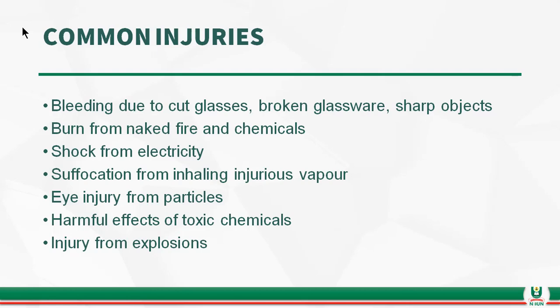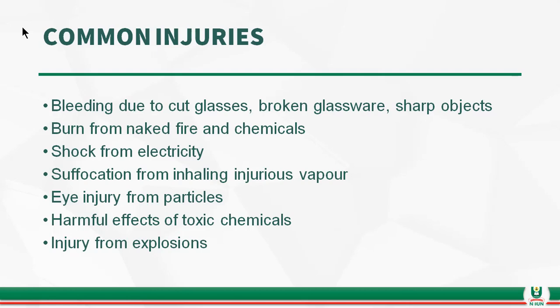Some of the common injuries that can occur in the laboratory include bleeding due to cut glasses. If the glasses are broken or you have sharp objects in the lab, it can cut a student's hands, and that can lead to bleeding. Burning from naked fire and chemicals can also cause injury to the student.